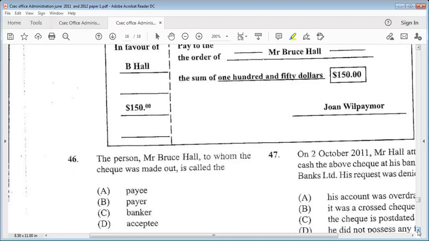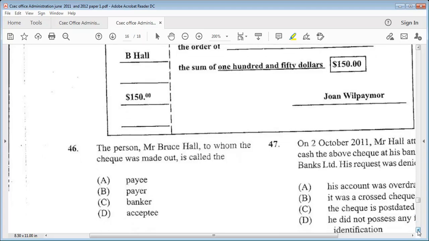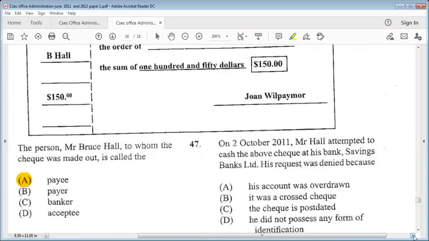Okay. So 46 says, the person, Mr. Bruce Hall, to whom the check was made out is called the A, payee, B, payer, C, banker, or D, acceptee. It would be the payee. Okay, let's go on to question 47.